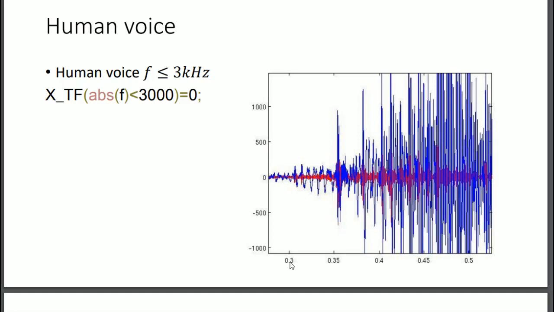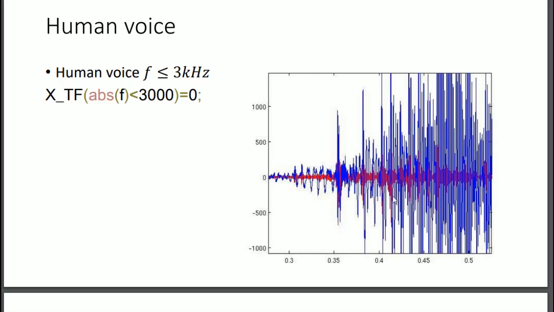So what I do is, in the Fourier diagram, I put to 0 all the values that are below 3k8 in absolute value, and then I do the inverse Fourier transform. So I come back to the time world.